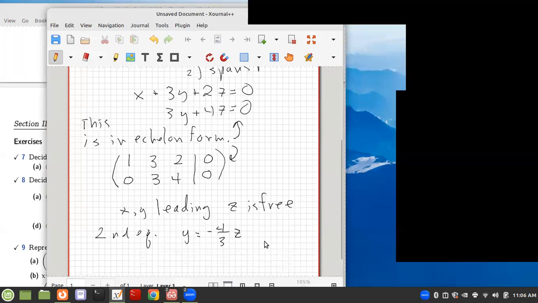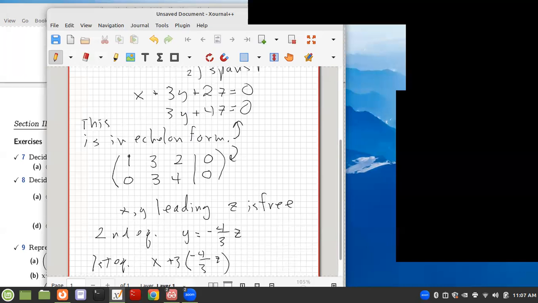And then we can use that in the first equation to get X plus 3 times minus 4/3 Z. This is why I actually changed this from 3 to 2, because I saw this was going to put a 3 in the denominator. And if I put a 3 up here for the Y, the 3's would cancel. We wouldn't have any fractions. That's just a convenience. That's not relevant to this.